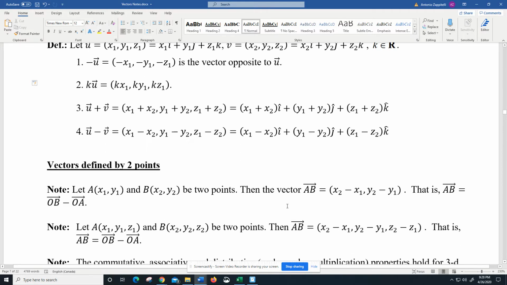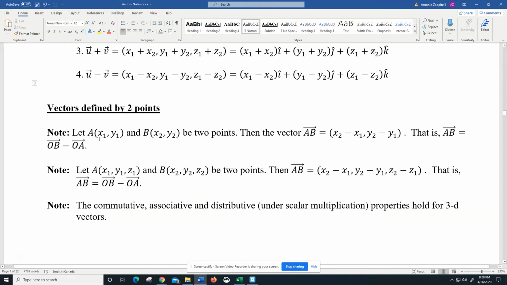Now, we also talked about how we can define a vector joining 2 points, whether in 2D or in 3D, and it's all about subtracting the second minus the first. Okay? The second minus the first, because we saw it as a subtraction of two vectors.